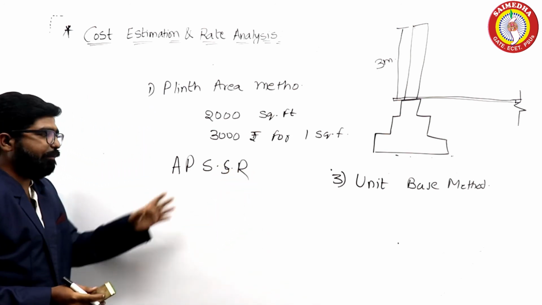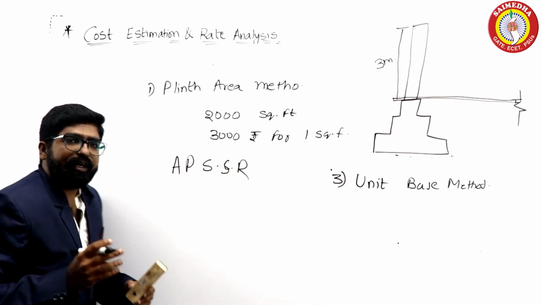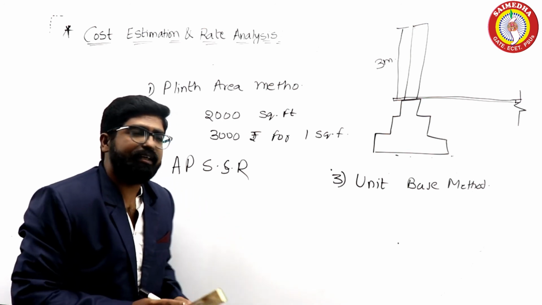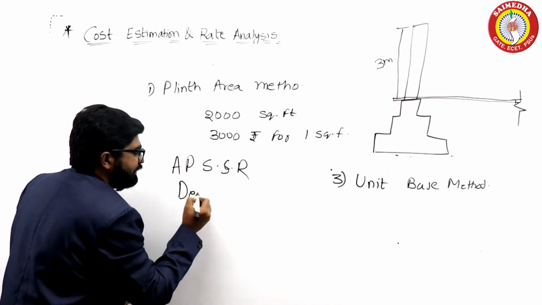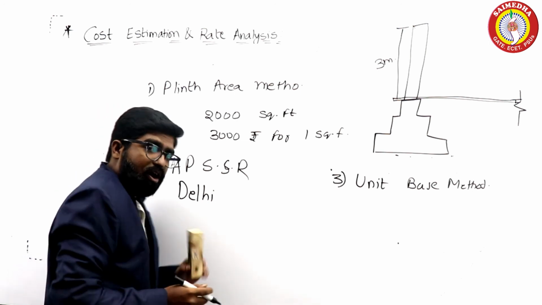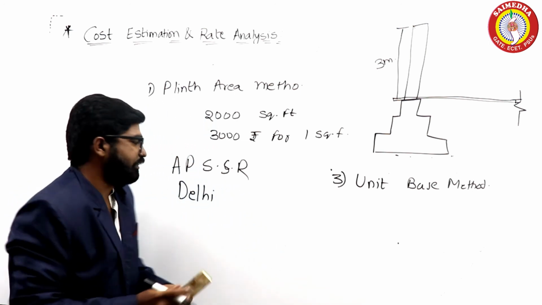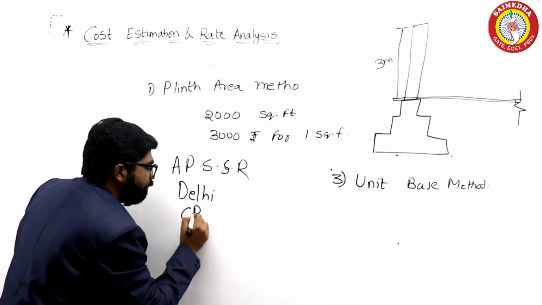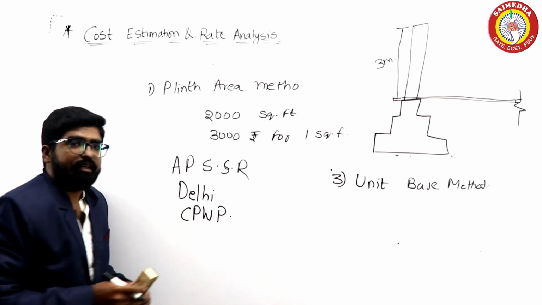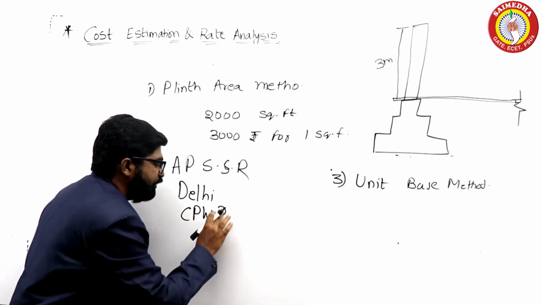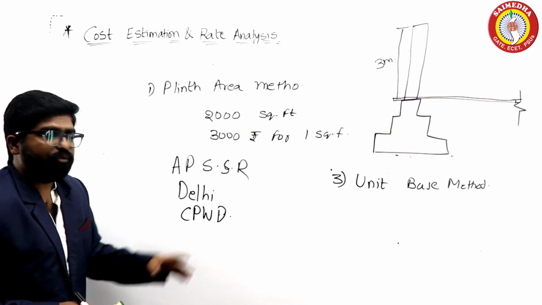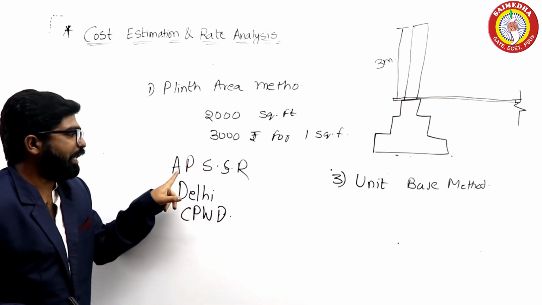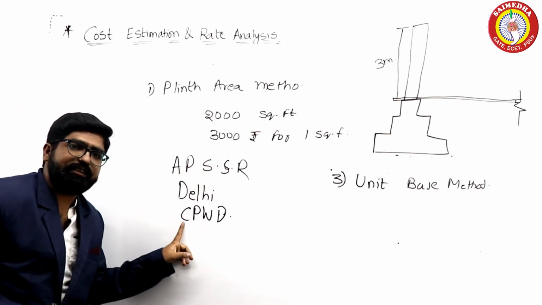AP schedule of rates, AP SSR, which is represented by that. If you are working on a central project, then you will go for the Delhi schedule of rates, or you can use the CPWD schedule of rates. So if you are going for a state project, you can use the AP schedule of rates or CPWD schedule of rates.